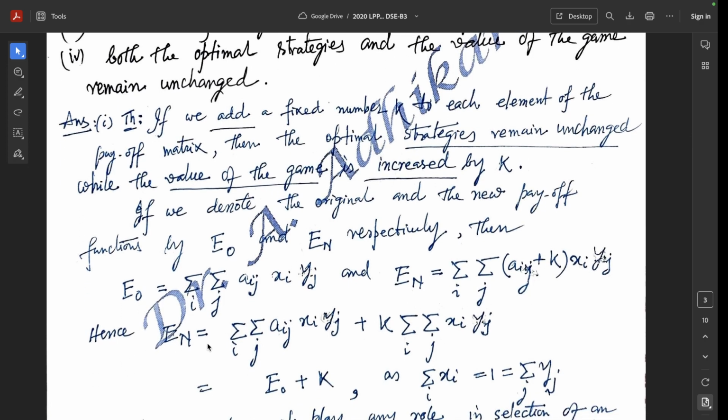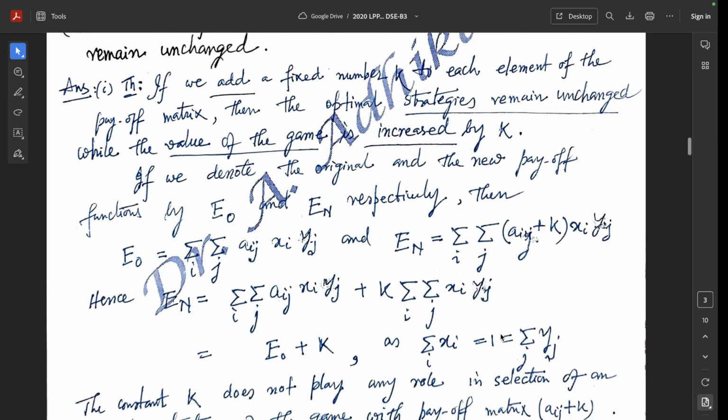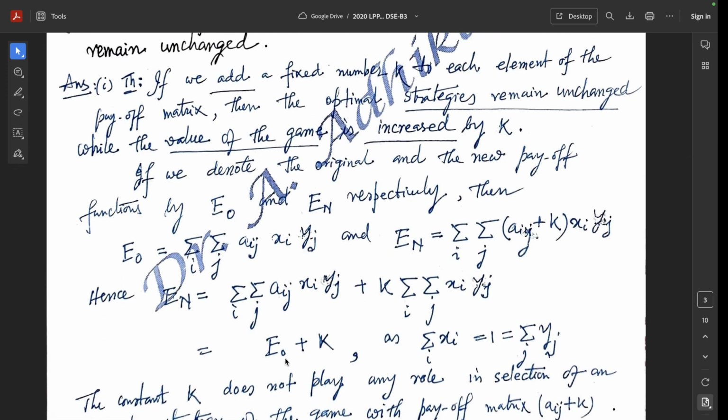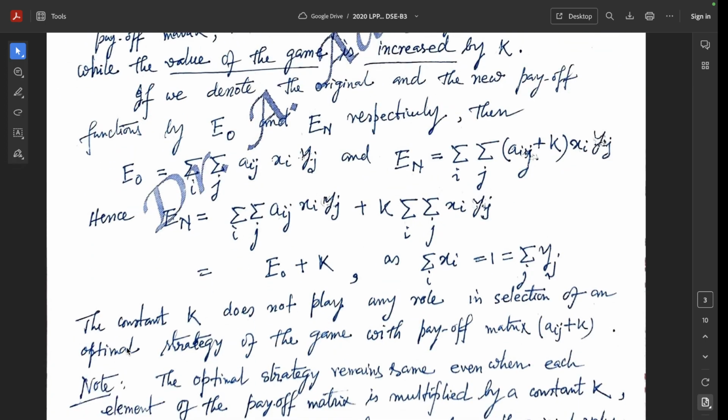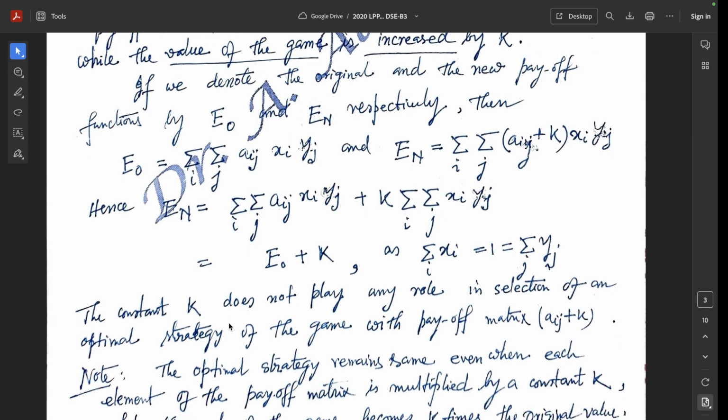Hence, E new equal to double summation aij, xi, yj plus k into double summation xi, yj. And this equals E O plus k, since this double summation equals 1. So the constant k does not play any role in the selection of an optimal strategy of the game with payoff matrix aij plus k.